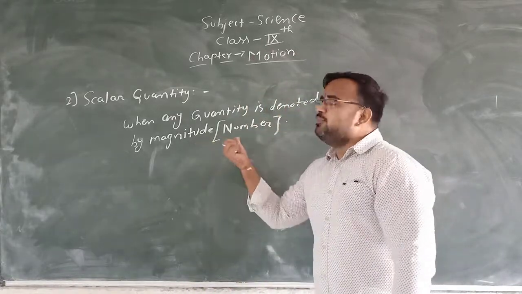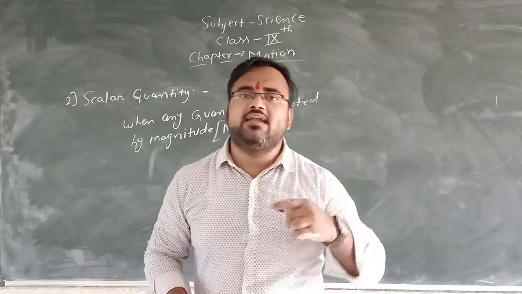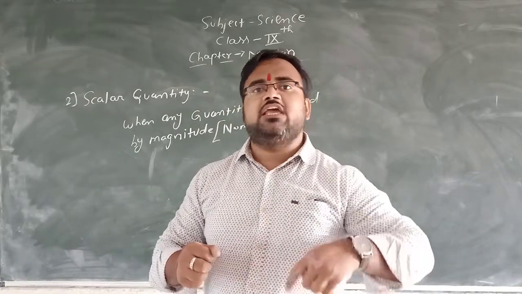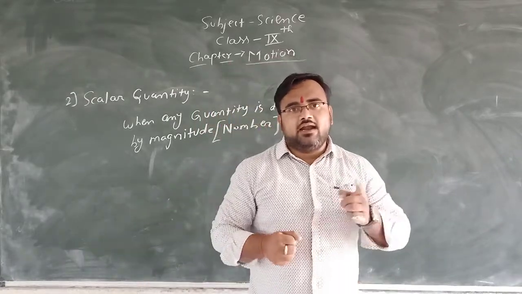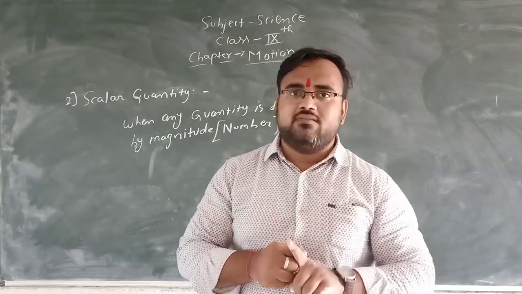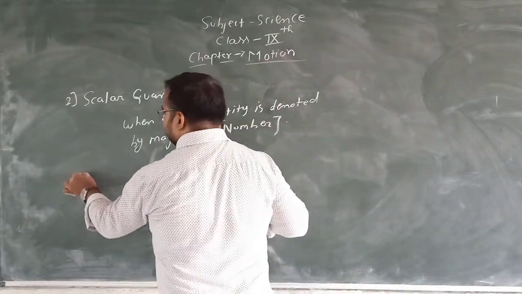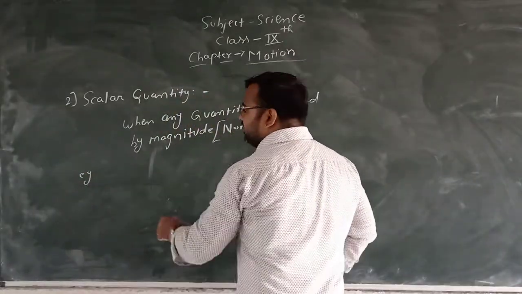Okay, magnitude means number. For example, 20 kilometer, 2 centimeter, 5 kilometer, 100 meter. So we are denoting only the numbers, and that number is known as magnitude. For example, we can say mass.